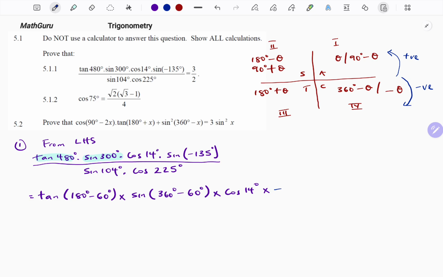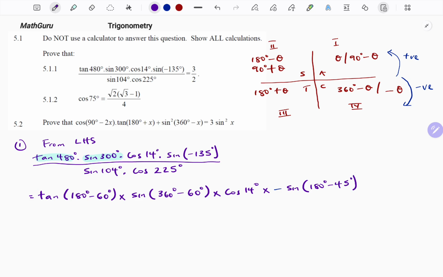Then I need to reduce 135. If I go back to my CAST diagram, 135 falls in the second quadrant as shown. So to reduce that is going to be the sine of 180 minus, to make 135, that's minus 45 degrees.